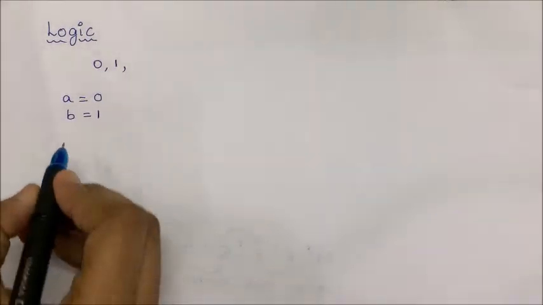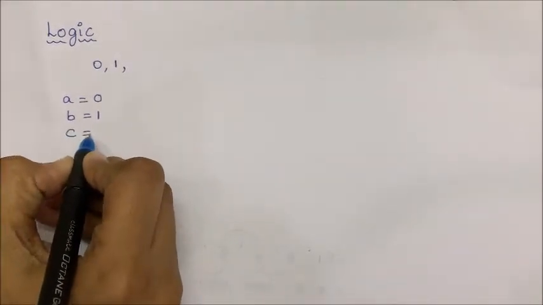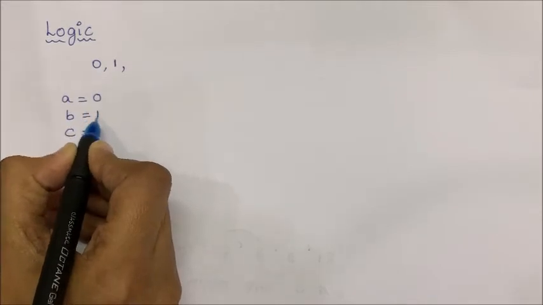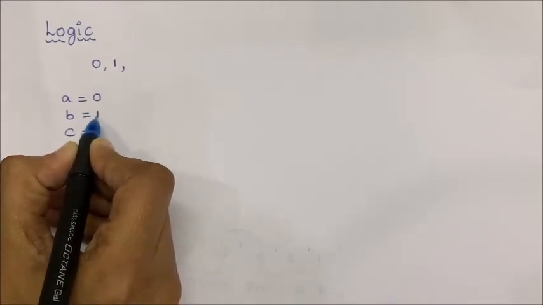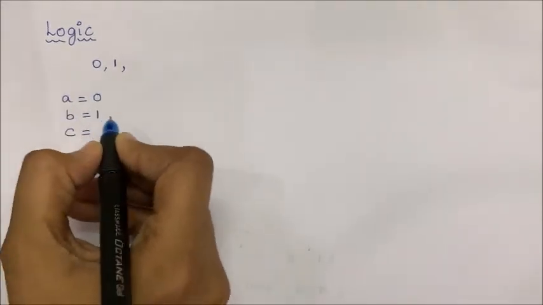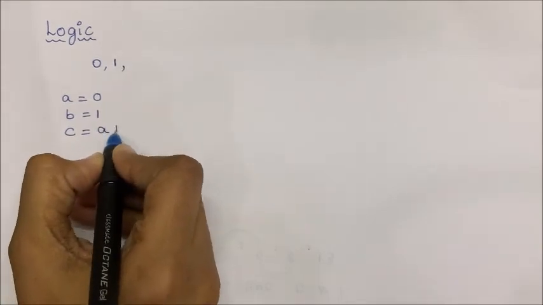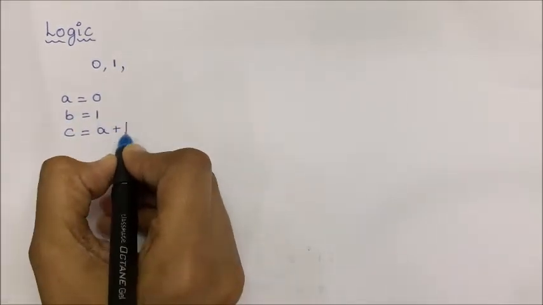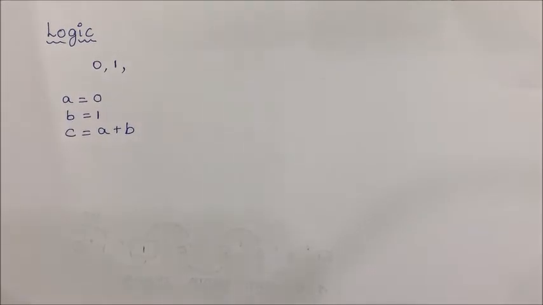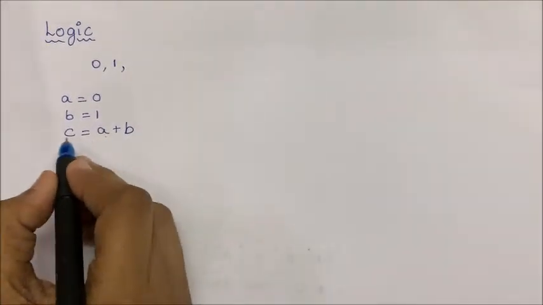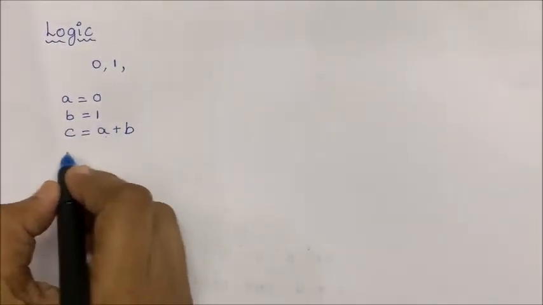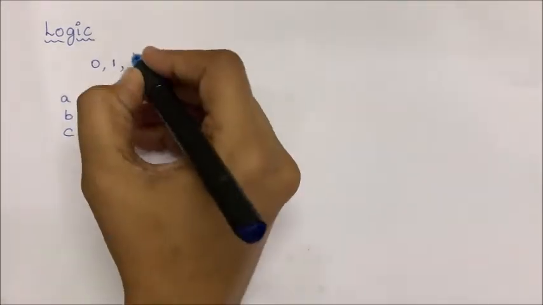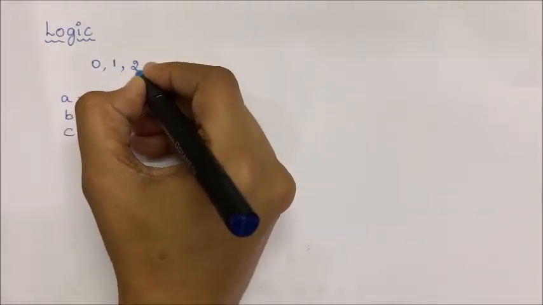And now the third value will be the addition of the previous two digits, 0 plus 1. As 0 is stored in a, we add a with b. C is equal to a plus b. So after executing this instruction in the sequence, we will get 0 plus 1, 1.